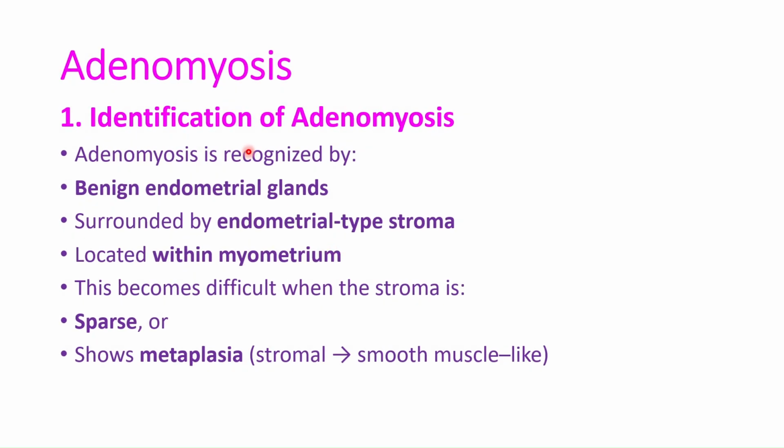Now, adenomyosis. Most of the uterus we saw adenomyosis. Whenever adenomyosis is present, there are generally benign endometrial glands surrounded by endometrial-type stroma and located within the myometrium. So this becomes difficult when the stroma is sparse and when it shows metaplasia.